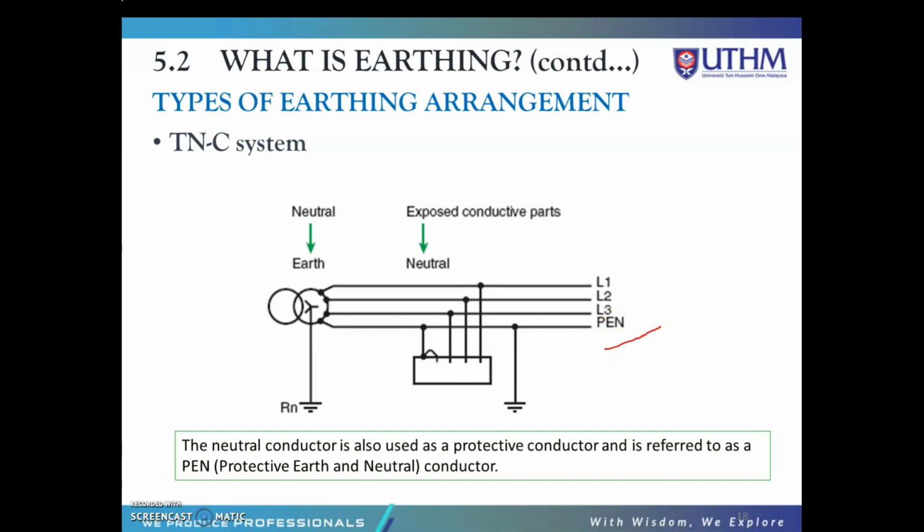Okay, so basically for this type of earthing arrangement, C refers to the combination of the neutral and the protective earth conductors. So it is a PEN conductor. It combines the neutral and also the protective earth.